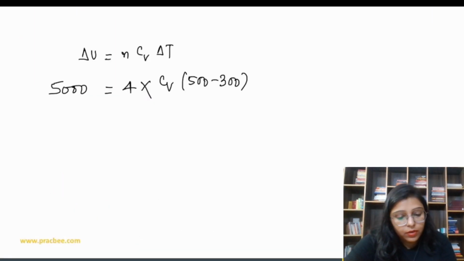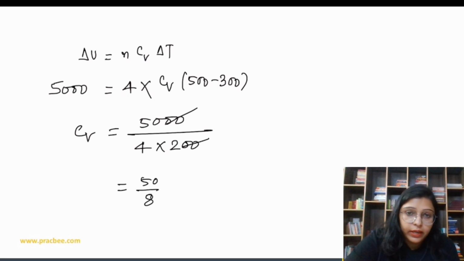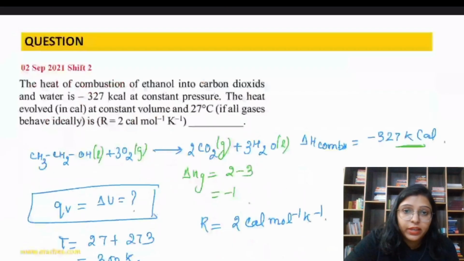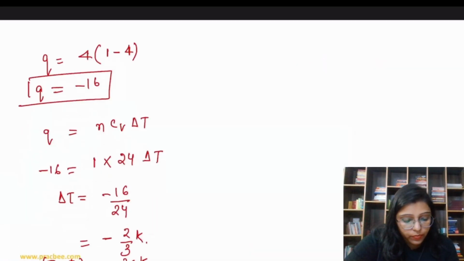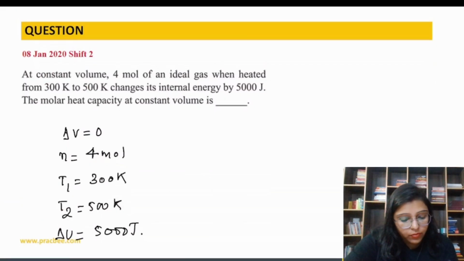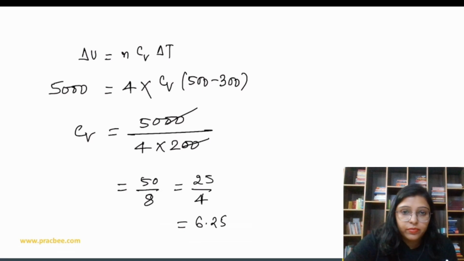So on solving, Cv is equal to 5000 divided by 4 into 200, which is 50 upon 8, or we can say 25 upon 4, which is equal to 6.25.